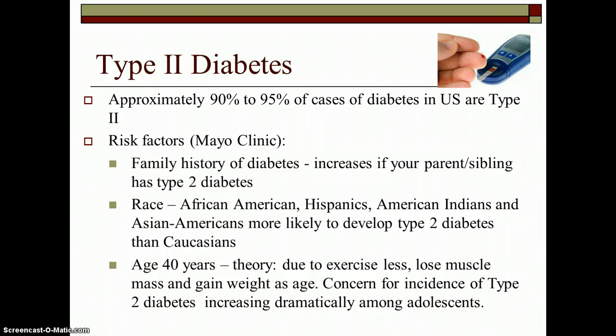The concern for type 2 diabetes is increasing also among adolescents as we change our diets as a nation, and have increasing rates of child obesity and less physical activity. We've seen a dramatic increase in recent years of type 2 diabetes in kids.